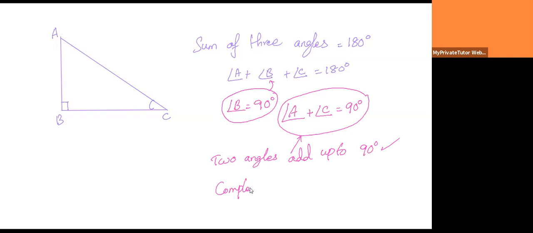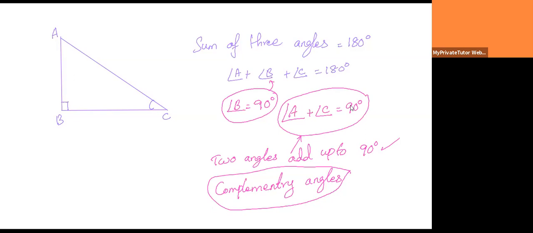So if two angles add up to 90 degrees, those two angles are called complementary angles. What do you mean by complementary? If the two angles add up to 90 degrees, those are called complementary angles. Please let me know so far if you have any questions.